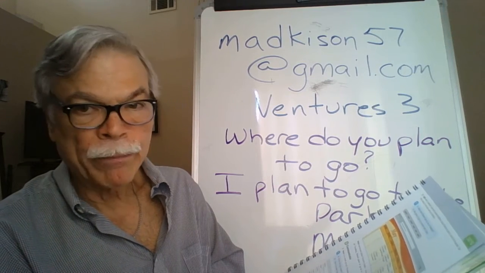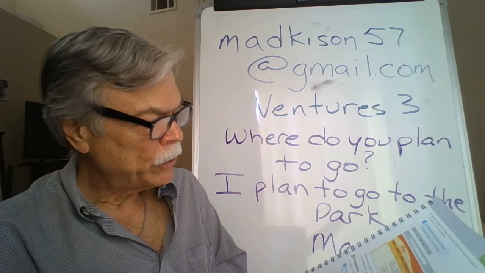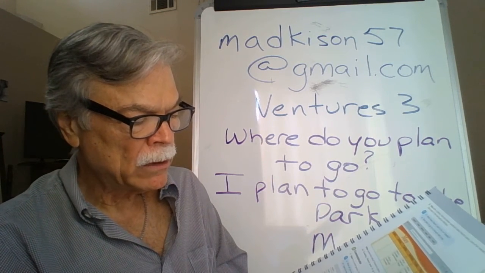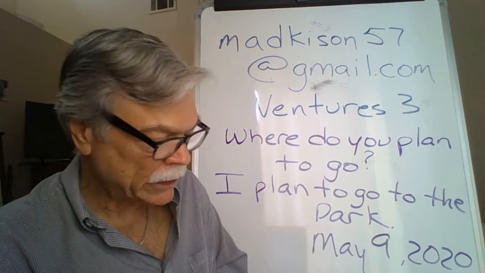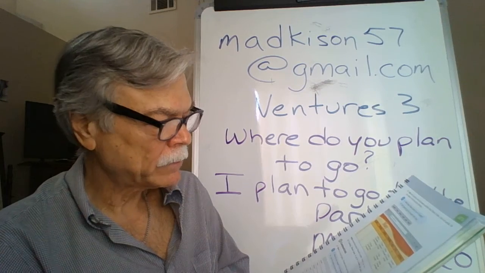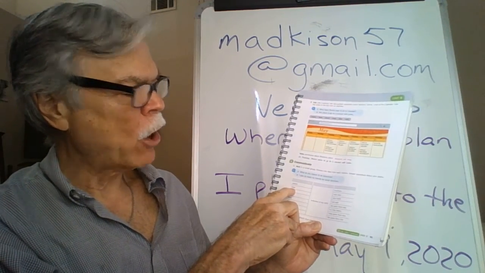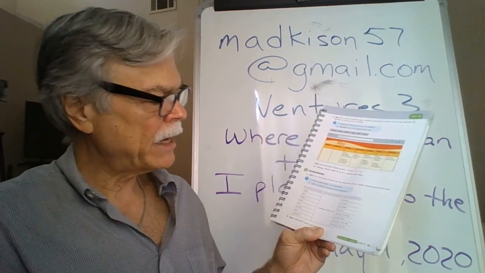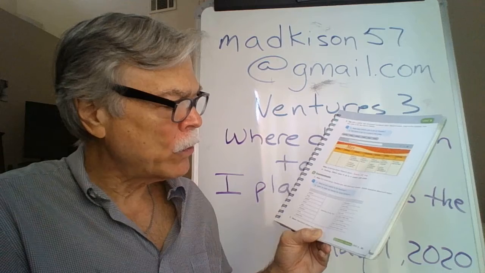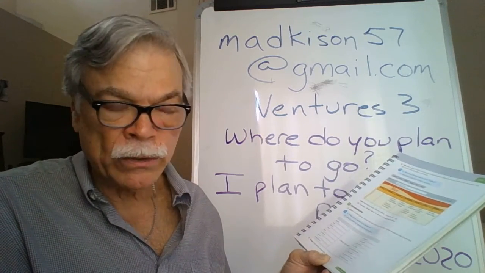Using the word promise, you could say, what did you promise to do next month? How about using the word hope? We could say, where does Sally hope to go next year?